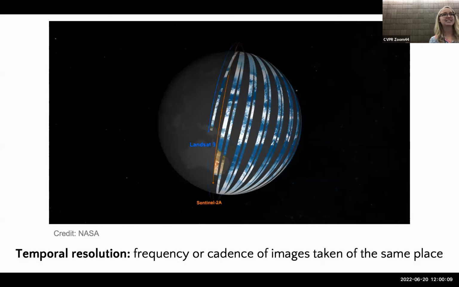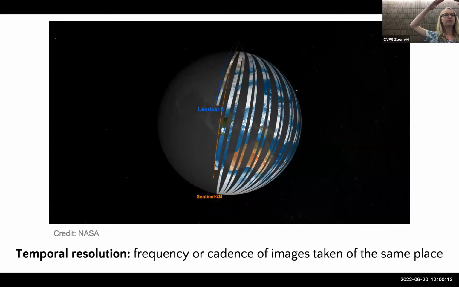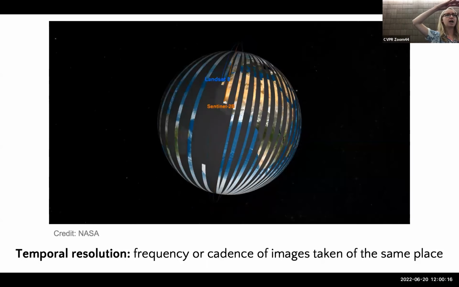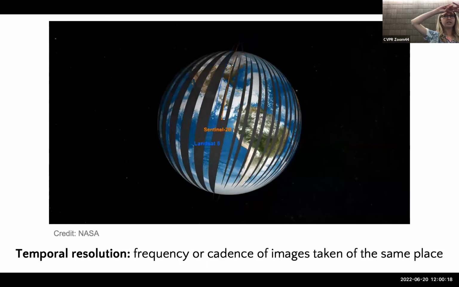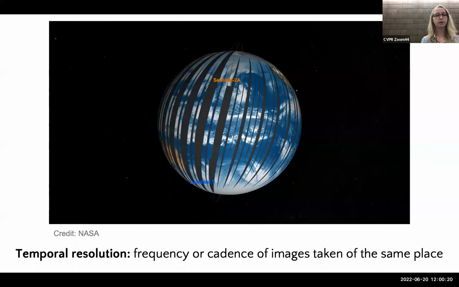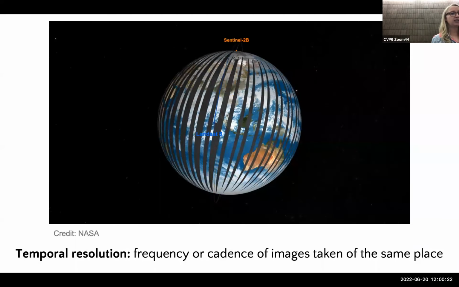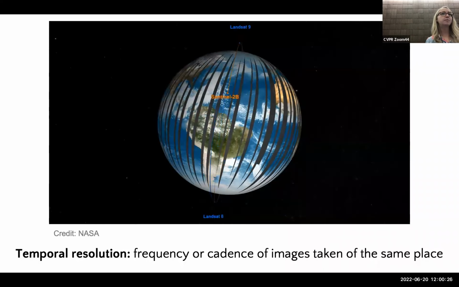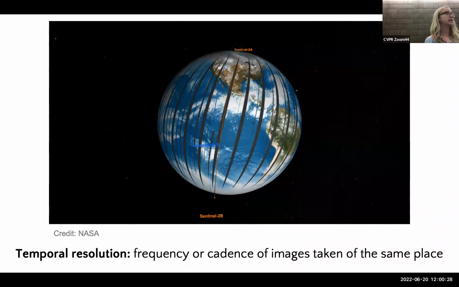Of course, this changes at the poles. The poles have much higher revisit since all of these orbit tracks are coalescing very densely at the top, but at the equator, it's about 5-day. Landsat has every 16-day revisit time. Planet, like I mentioned before, has daily revisit time.